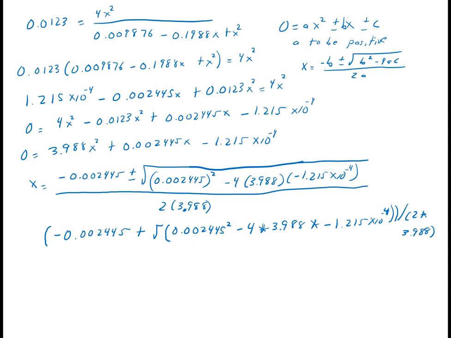So when I do the plus sign, x ends up being 0.00522, which is the same answer we got last time. The negative is a little bit different. The negative, and I'll show you what that means in just a second, is a negative 0.00662. Either way, I can't have a negative x, so this one is not going to be used.